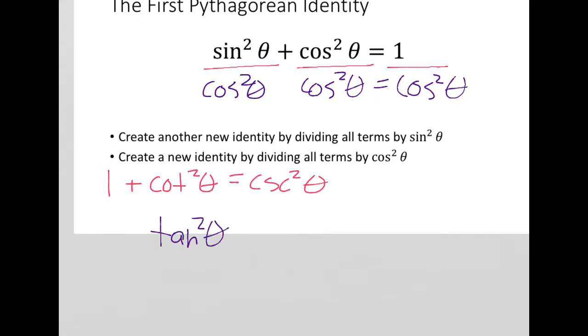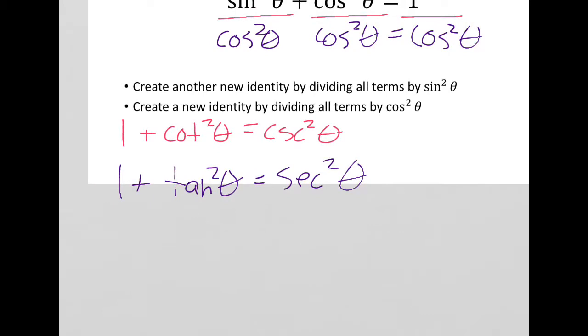And cosine squared over cosine squared gives me 1. So now I have 1 plus tan squared theta equals 1 over cosine squared. Cosine's reciprocal is secant, so I get secant squared theta. And so now I have two new Pythagorean identities.